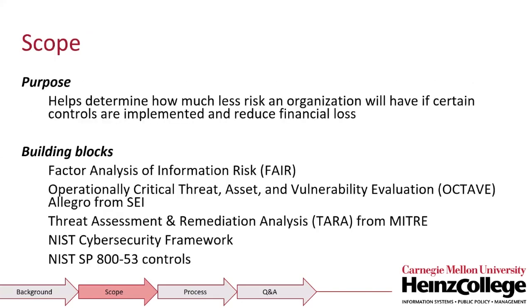We build upon established frameworks and resources, including FAIR, which is used for risk quantification, OCTAVE Allegro, which is used for risk assessment, MITRE, which is used for threat capability, and NIST, which is used to protect private data. I will also add that the link up between all these frameworks and resources is novel and hasn't been done before, which is one reason we are really excited about this project.